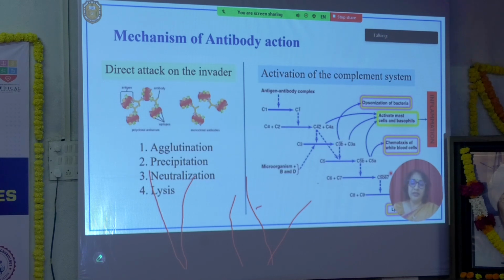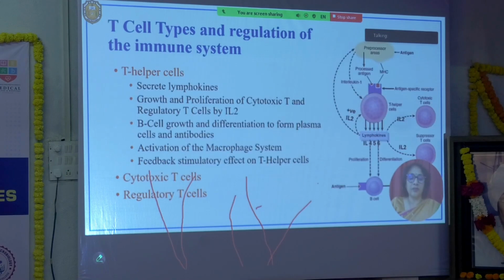So just to summarize, the mechanism of antibody reaction is through direct action or activating the complement system, which comprises 20 proteins. It gives much stronger action against invading organisms.